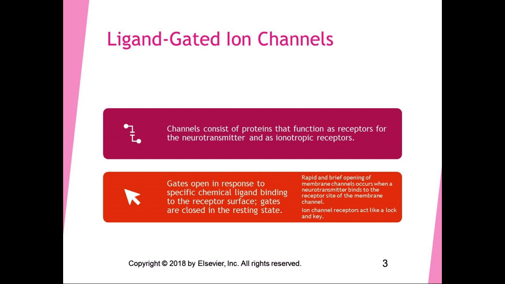Channels consist of proteins that function as receptors for the neurotransmitter, and they are those ionotropic receptors. Membrane channels are proteins. Neurotransmitters are largely proteins or opioid peptides. So these are coded for by the DNA in our cells, in our neurons.